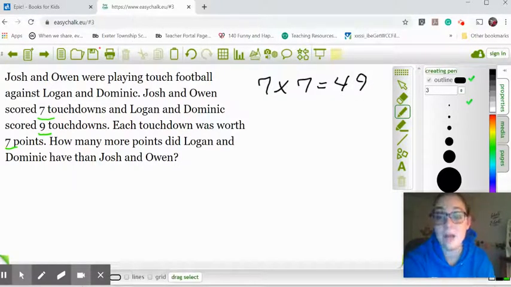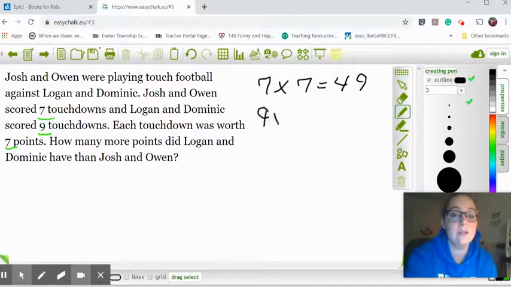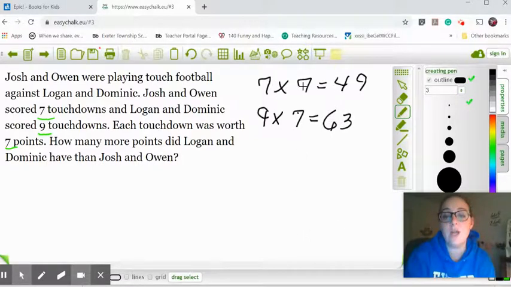Okay, I'm not done yet because Dominic and Logan scored 9 touchdowns. So now I need to do 9 times 7, which once again, I know that is 63. If you didn't know, you can use this number to help you. So it would be 49 plus 7 plus 7, or 49 plus 14 equals 63. Now I'm still not done because it says how many more points. So let me highlight that.